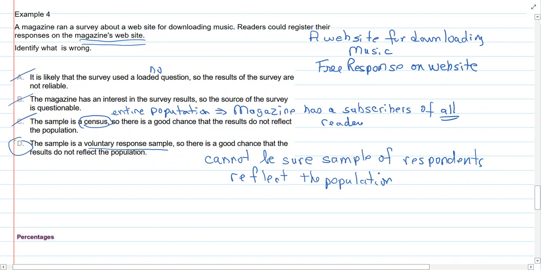So we can't be sure that it doesn't represent the population.